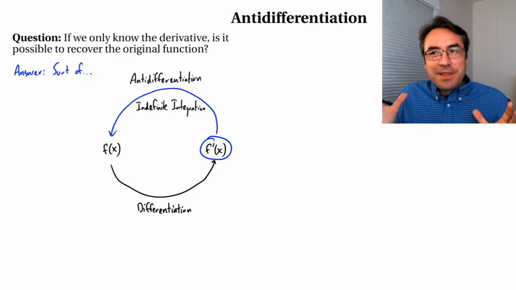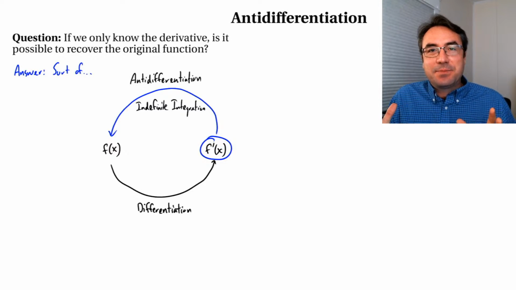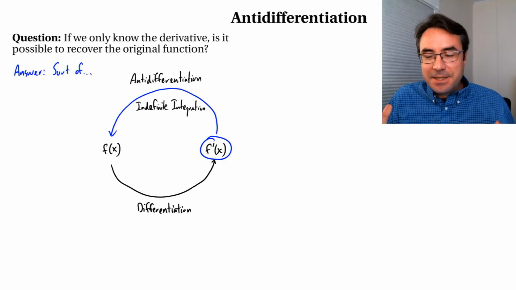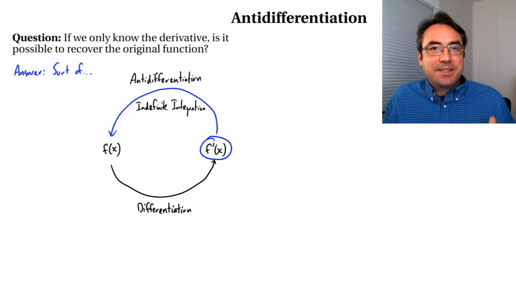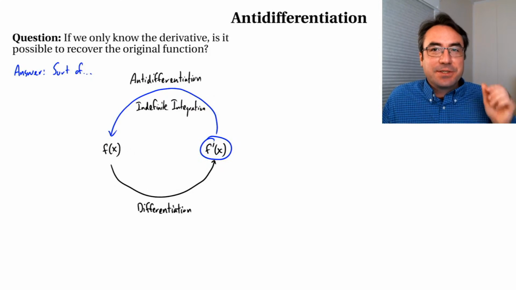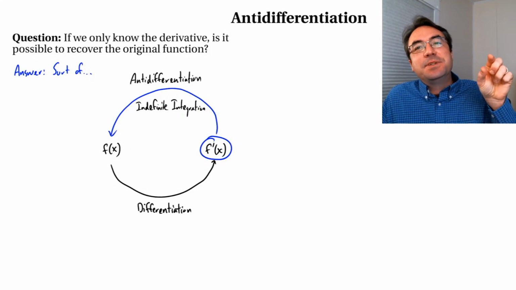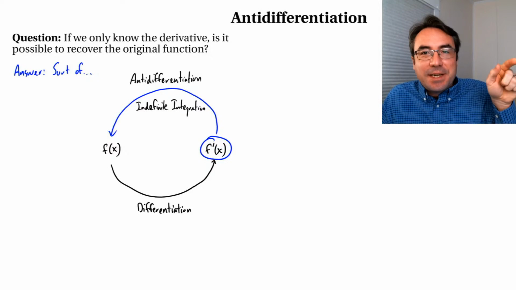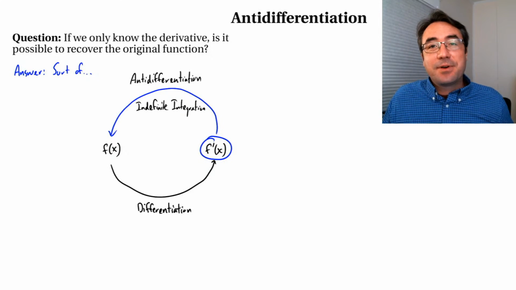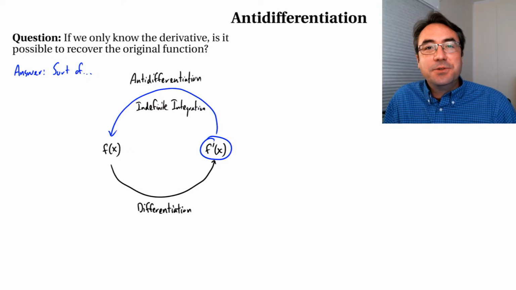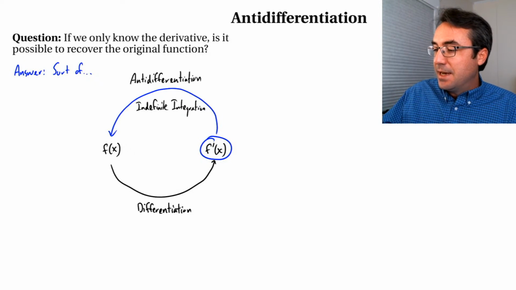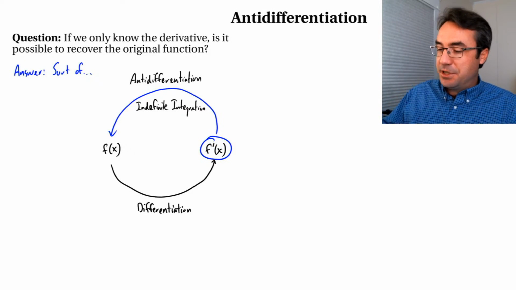And so we're going to think of these as really reverse operations. So differentiation is going to undo anti-differentiation, and anti-differentiation, for the most part, will undo differentiation. But first, let's start with the definition.